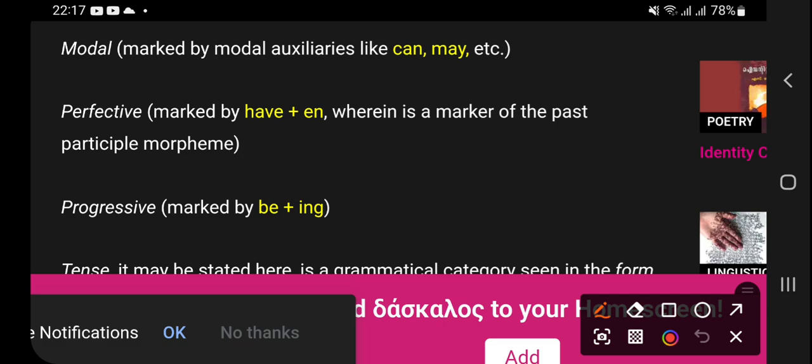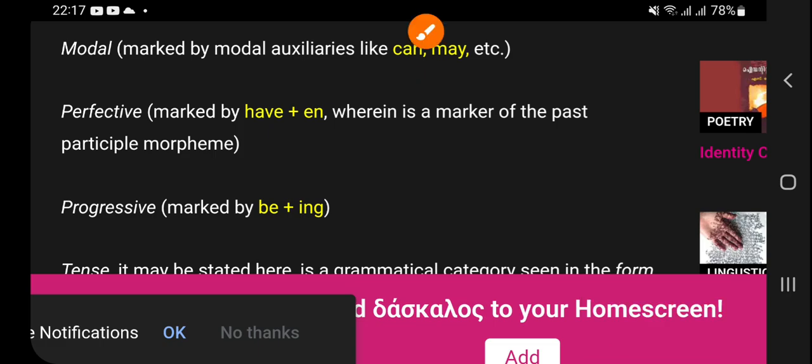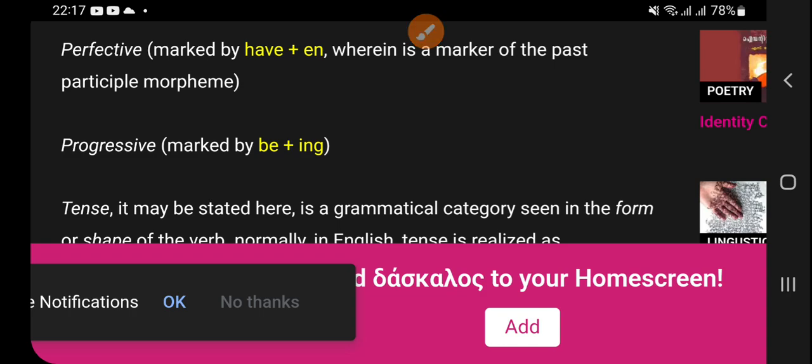So modal is what? Can, may, shall, will. These are the modals. Then perfective is marked by have plus en, wherein en is a marker of the past participle morpheme.